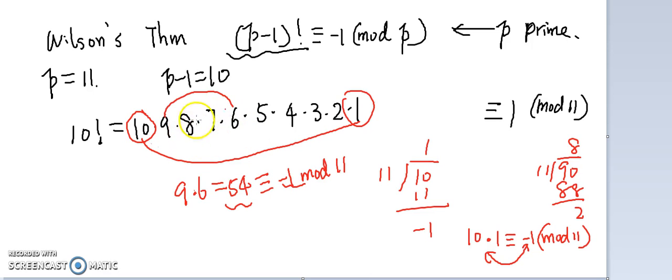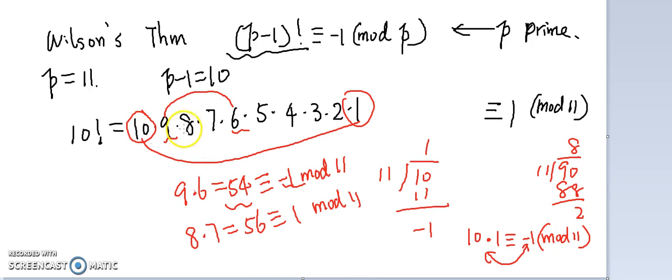So we're looking for a pair of two numbers whose product, divided by 11, has a remainder of either 1 or -1. So we pair 9 and 6 up, and we try 8 and 7. 8 times 7 is 56, and 56 is congruent to 1 modulo 11.